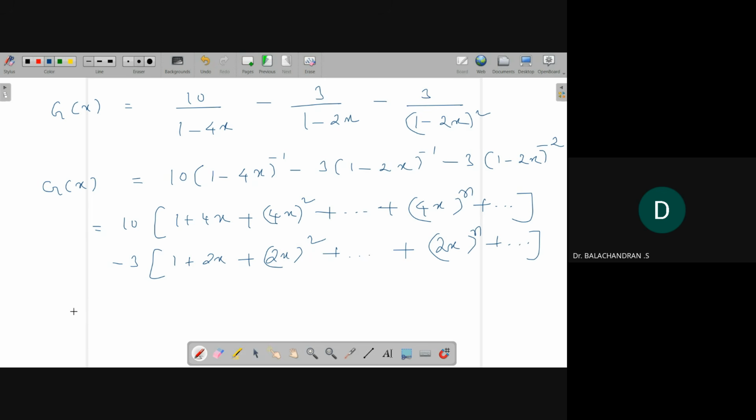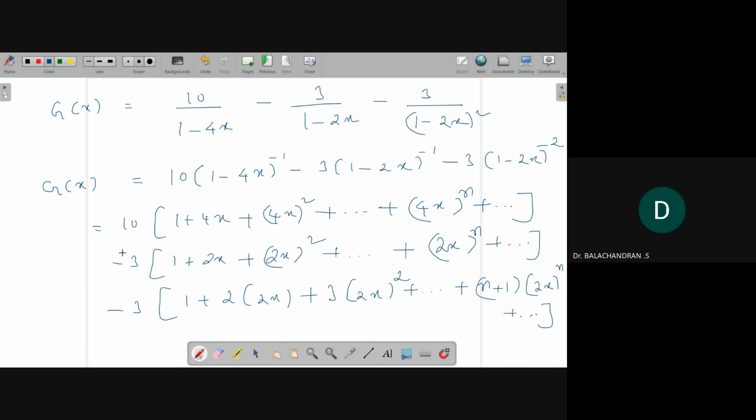And third one minus 3 into 1 plus 2 into 2x plus 3 into 2x square plus dot dot dot nth term n plus 1 into 2x whole power n plus dot dot dot close the bracket.